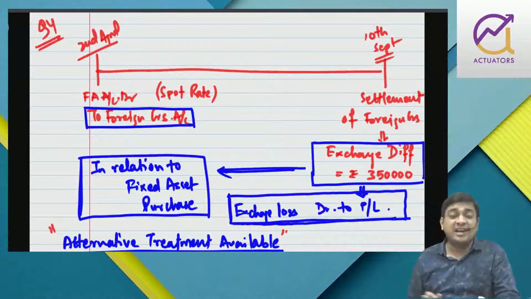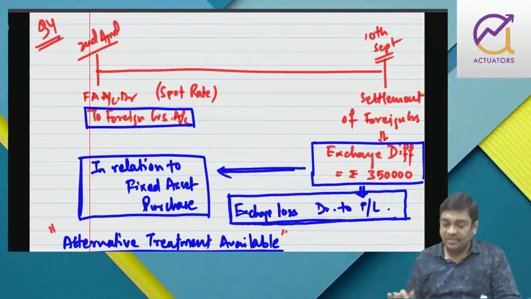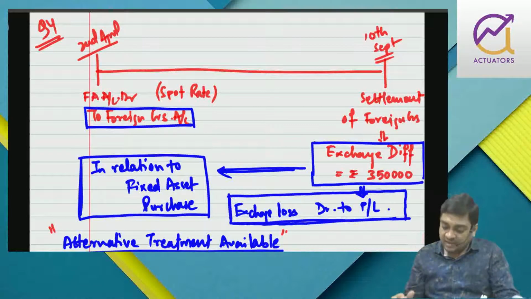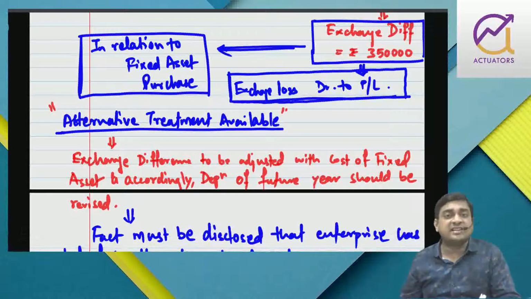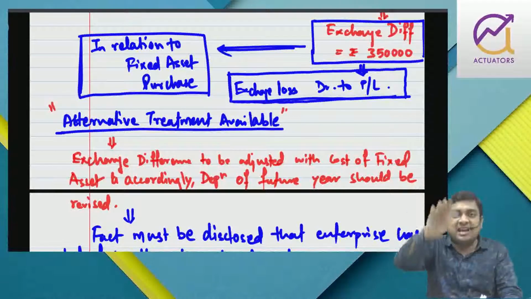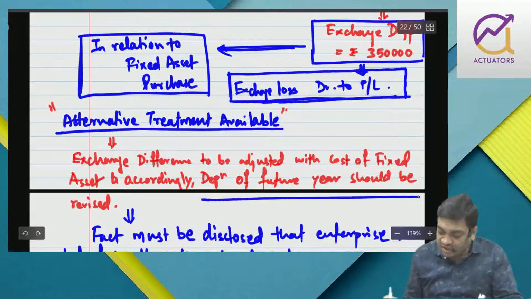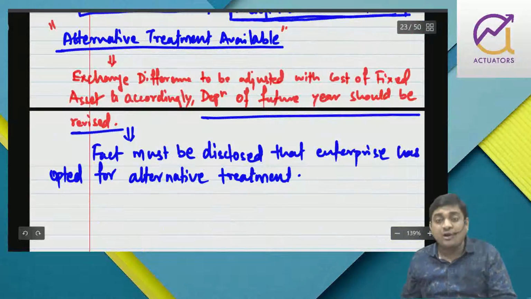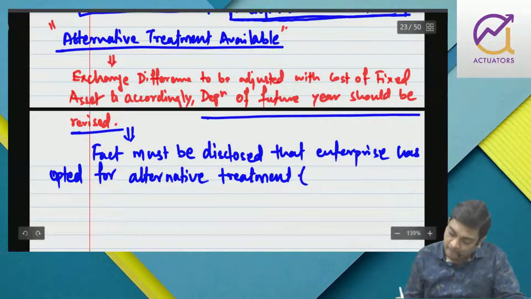However, if that exchange difference is in relation to fixed asset purchase, there is a foreign creditor because I have purchased a fixed asset, then that exchange loss can be debited to fixed asset. If there's a loss, balance of fixed asset will increase. If there's a gain, balance of fixed asset will decrease. And accordingly, depreciation of future year should be revised. And the fact that you have followed an alternative treatment must be disclosed in your notes to accounts.